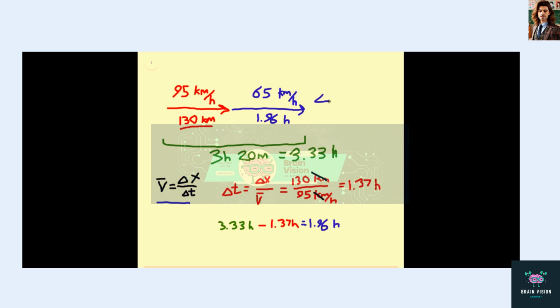So we can rearrange this equation to delta x is average velocity, v bar, times delta t. And we plug in the 65 kilometers per hour to our average velocity, plug in 1.96 hours to our delta t, and we find that our delta x is going to be 127.5 kilometers.